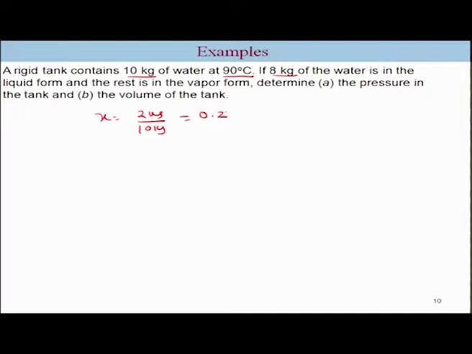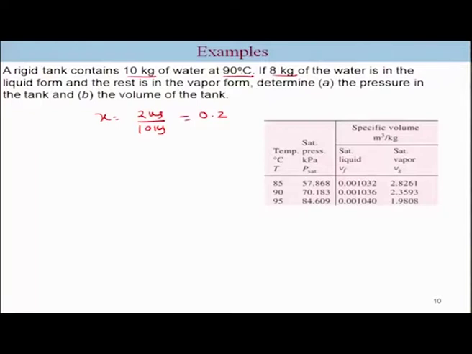Okay. Now, we have been given 90 degrees and certainly it is a saturated system. So, we are going to look at the saturated water temperature table, okay, which gives you the temperature, and the corresponding pressure is this. So, P_sat of the tank at 90 degrees Celsius is 70.183 kilopascal, right.